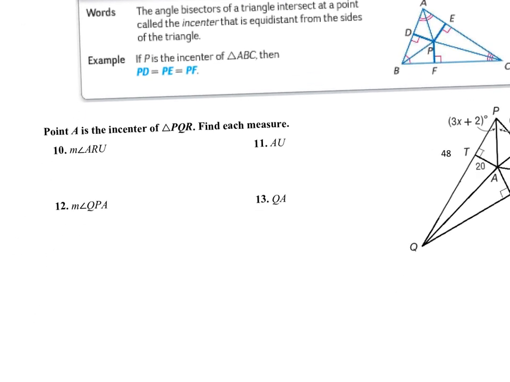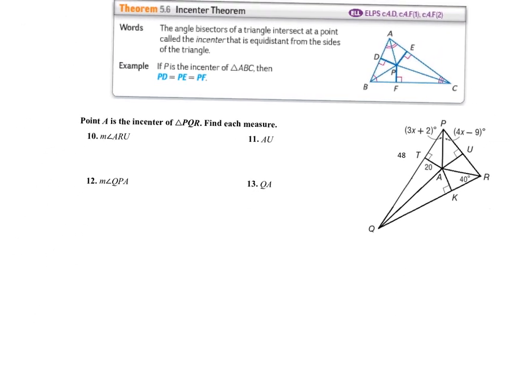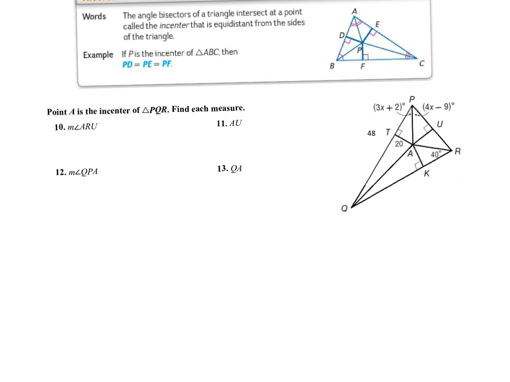So let's apply this. Given this figure, point A is our incenter. We want to find each measurement. So the measurement of ARU: if A is our incenter, that means that AR is our angle bisector.